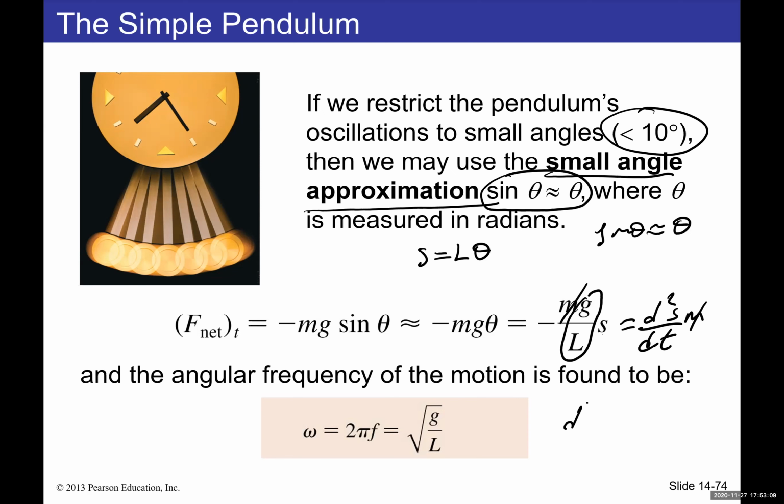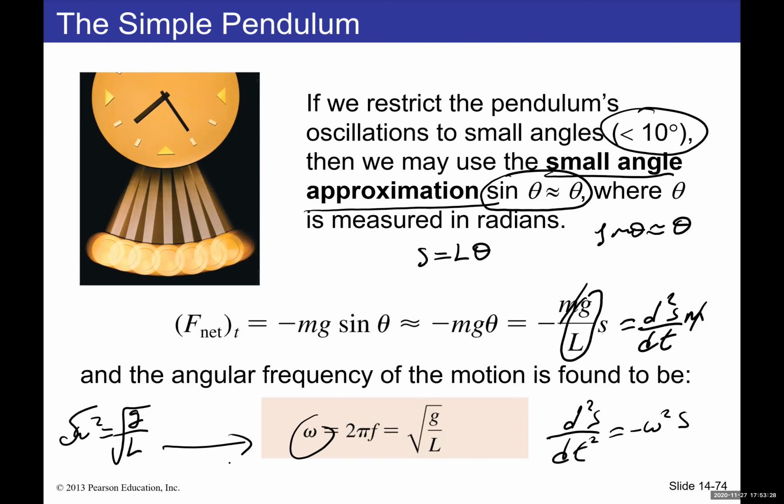Then I can say d squared s dt squared is equal to negative omega squared times s, where omega for the pendulum is the coefficient in front of the s. So omega squared is equal to g over L, and taking the square root of both sides, we end up with this.